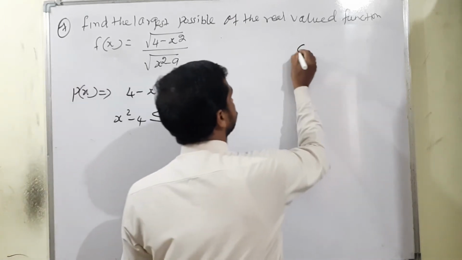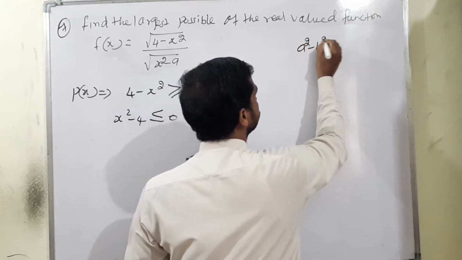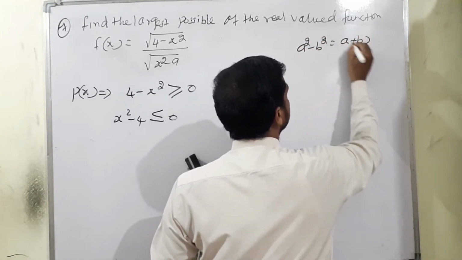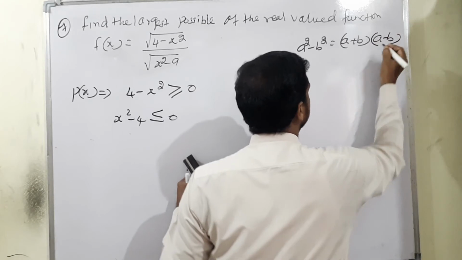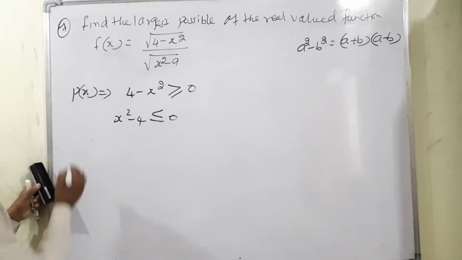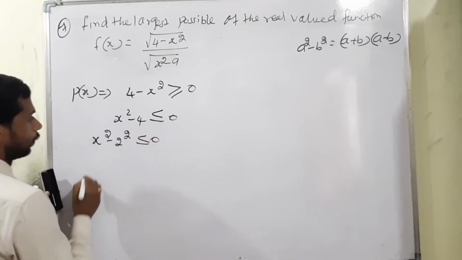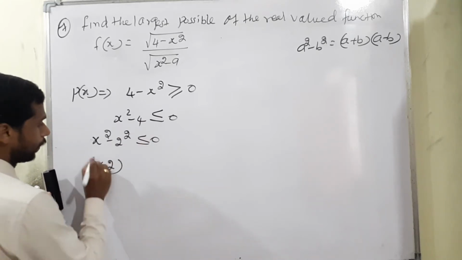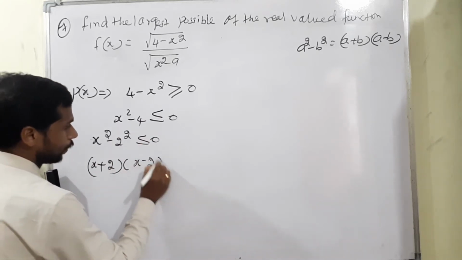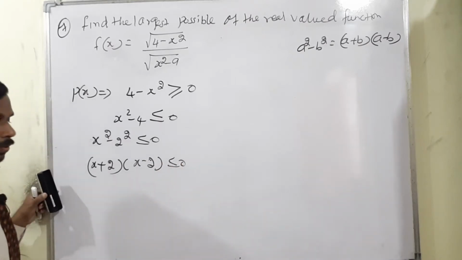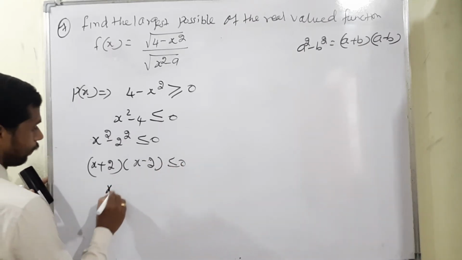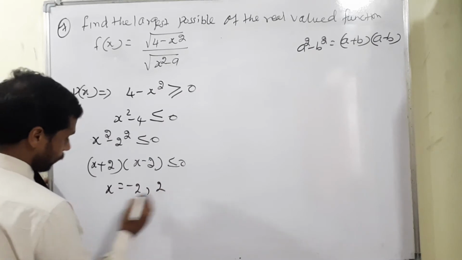Already you know a square minus b square is equal to a plus b into a minus b. Therefore, x square minus 2 square less than or equal to 0, considered as x plus 2 into x minus 2 less than or equal to 0. Then x is equal to minus 2, positive 2.